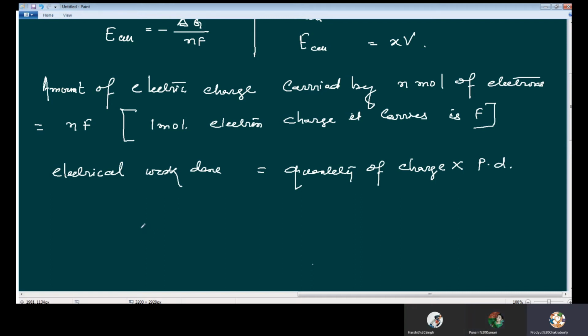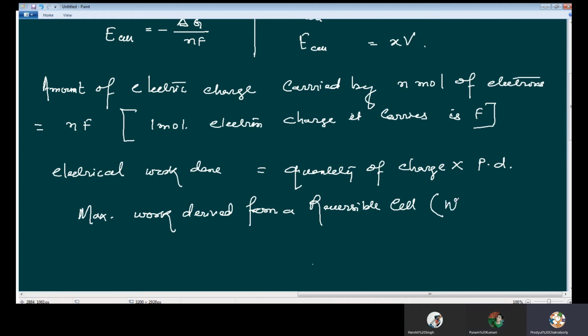So the maximum work derived from a reversible change is W max, the maximum work we are taking out from the cell.